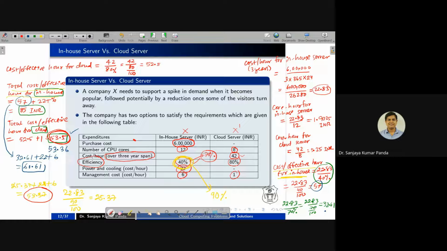Both are 53 point something, but in the in-house case we got 53.37 and in the cloud case we got 53.5. So in-house deployment is better in this case. Or it may be asked, find the efficiency of the in-house server in such a manner that it will beat the cloud server. If these types of estimates are given to you, you can calculate whether the in-house server or the cloud server is better.